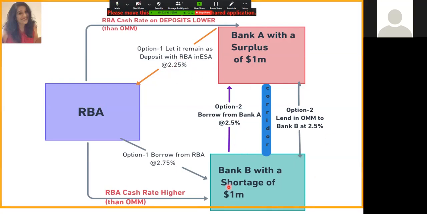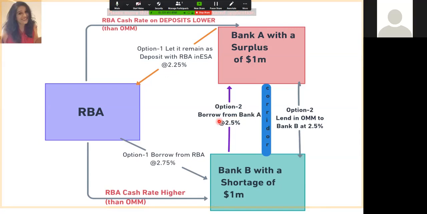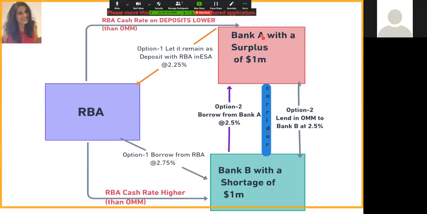So in this example, you can clearly see that if the Reserve Bank wanted the interest rate to hover around 2.5%, let's say, what it could do, it has kept an interest rate on the deposits at 2.25. And on the lending, it has got the interest rate at 2.75. This is its official cash rate. Like a price ceiling and a price floor, if you remember.